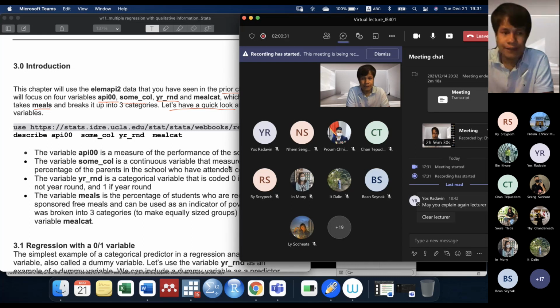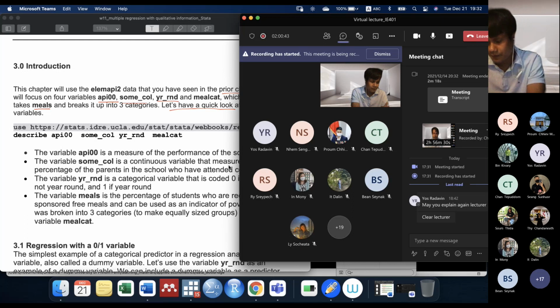Ready, everyone? Have you loaded the data into the program? Any problems?